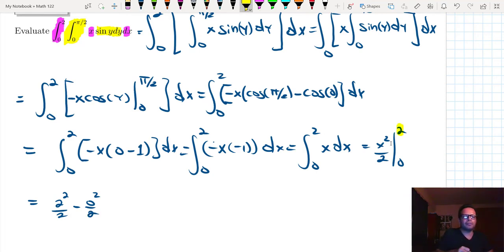Upper limit minus lower limit, just the same way we did it on the previous integral. So the last term will become 0. Then we have 2 squared, which is 4, divided by 2, and that gives us 2. Final answer.